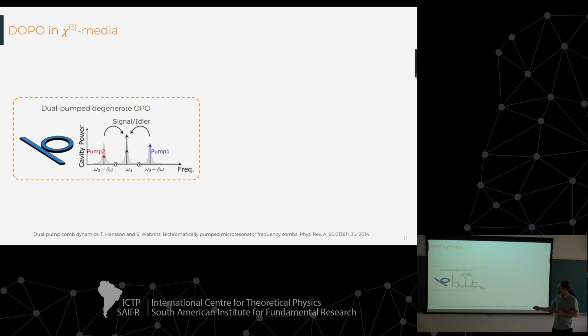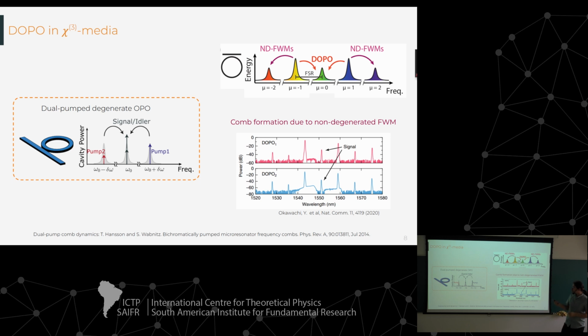But we are interested here in Chi-3 OPOs, and with that, we have a much simpler solution for dealing with dispersion, because we can have two pumps that are spectrally close, and the oscillation will happen at a central frequency. So we have a much narrower region to control dispersion. But on the other hand, the phase matching conditions for this DOPO phenomenon to occur also provide phase matching for several other phenomena, as for example the generation of frequency combs.